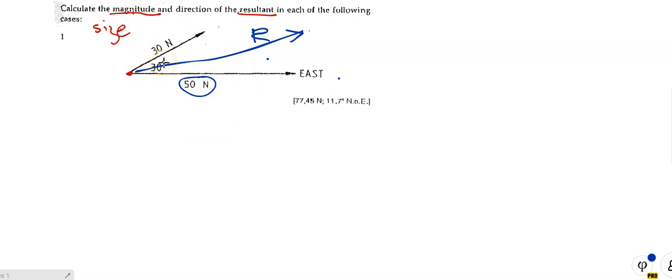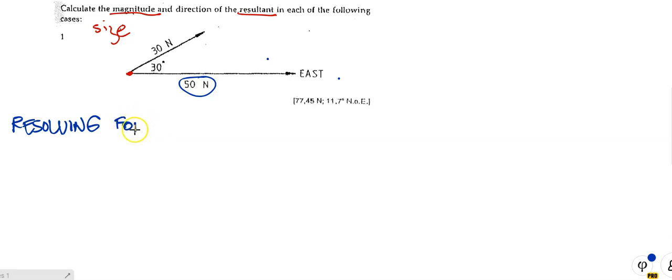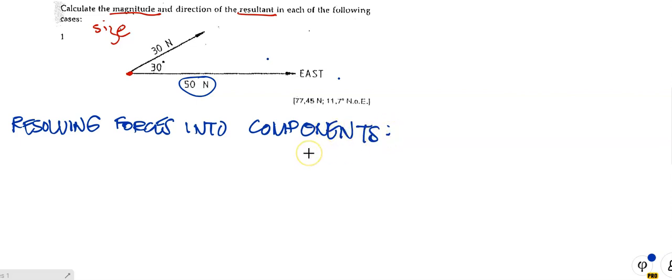Now, people, the way we're going to do that is by resolving forces into components. Resolve just means to break down into.